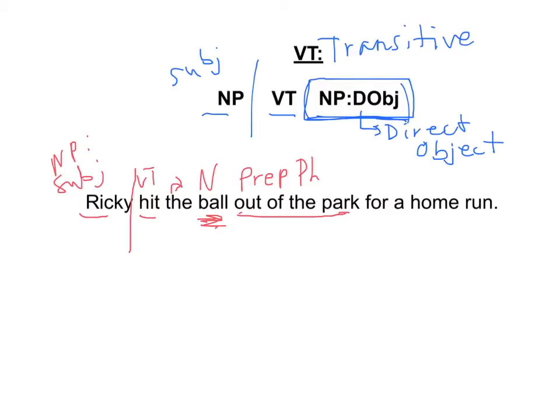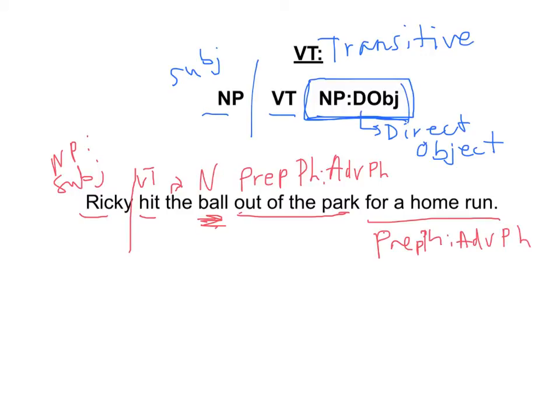He hit the ball out of the park. So this is acting as an adverb phrase. And same with this one. For a home run, how did he hit the ball? He hit it for a home run. So this is also a prepositional phrase, an adverb phrase. This is describing how it was hit.